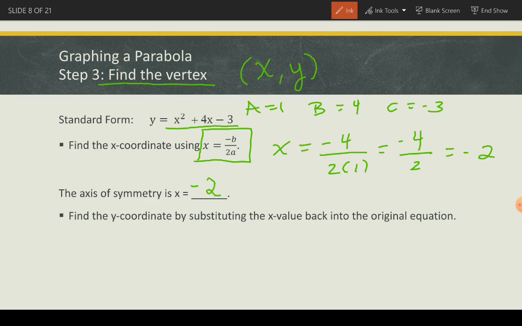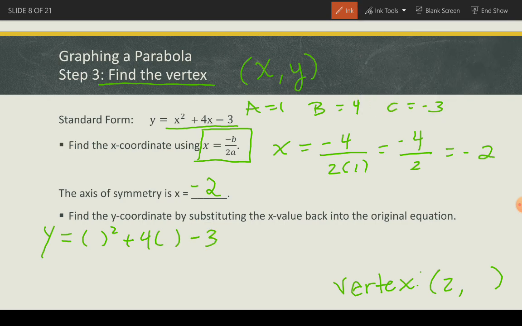So that's where our graph is going to split in half. We found the x value of our vertex. All that's left is to find the y value. To find the y value, we substitute the x value back into our standard form and solve for y. So y is equal to x squared plus 4 times our x value minus 3.